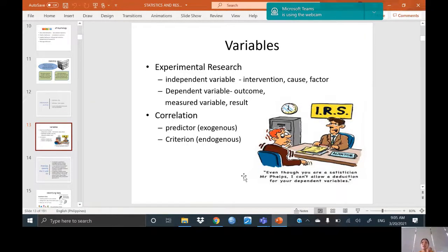The independent variable is the cause and the dependent variable is the effect or the result. Sometimes we call that also predictor variable. Predictor variable is the same thing as the independent variable, and the dependent variable is the criterion variable if you are doing correlation research.